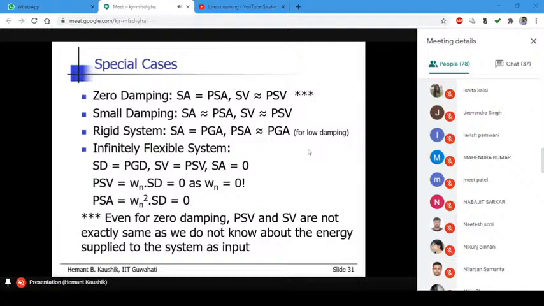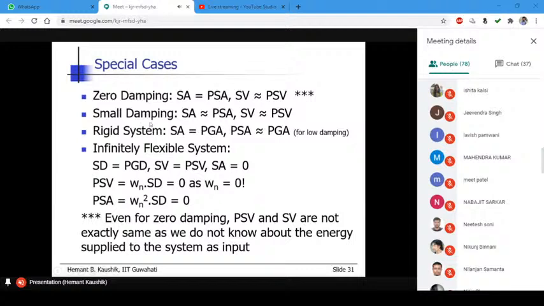But even for zero damping, the spectral velocity is not exactly the same as pseudo-spectral velocity. That is because of the energy; we don't know the exact energy that is supplied to the system. Let us not discuss this issue in more detail because we would have to spend more time on that, but I am not inclined to discuss that.